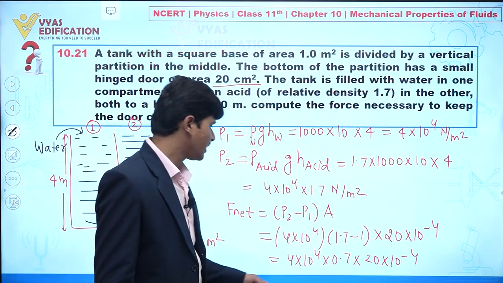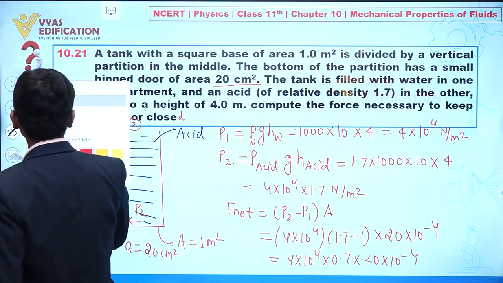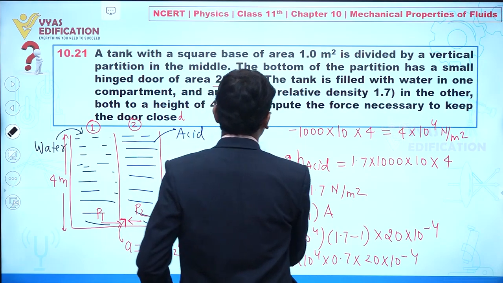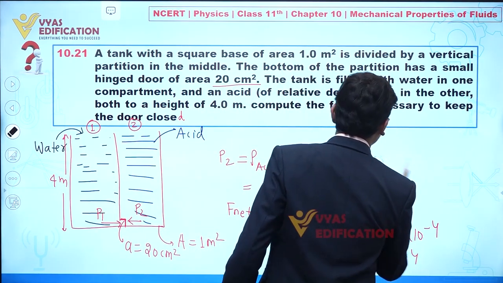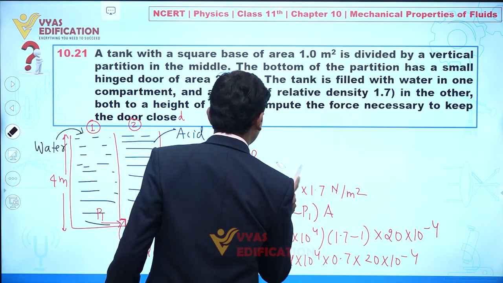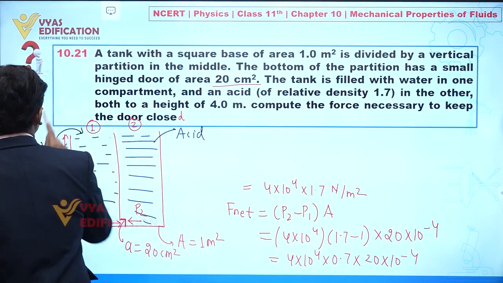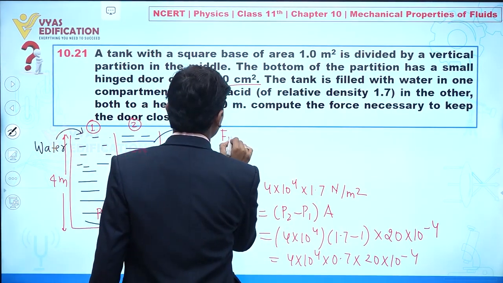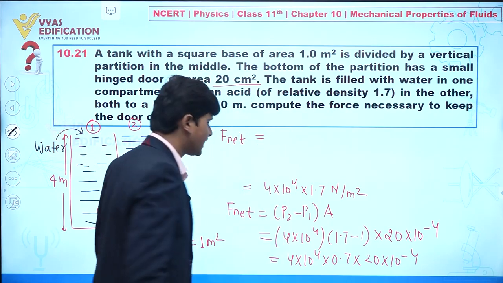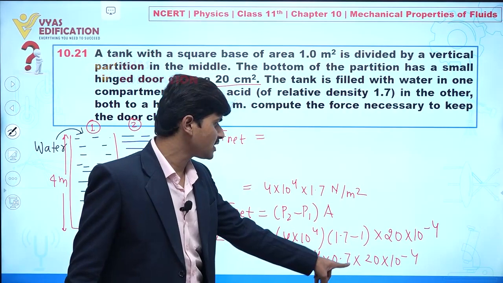Now from here, the net force F net is 4 into 10 to the power 4 into 0.7 into 20.